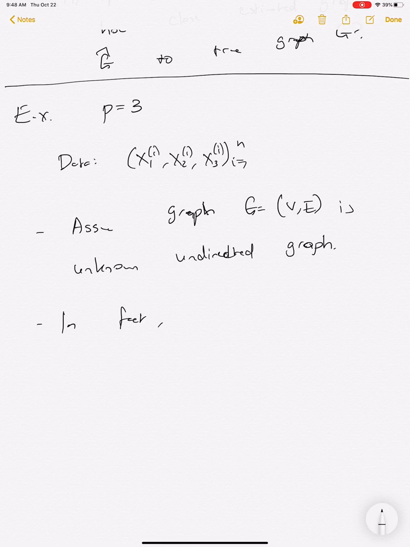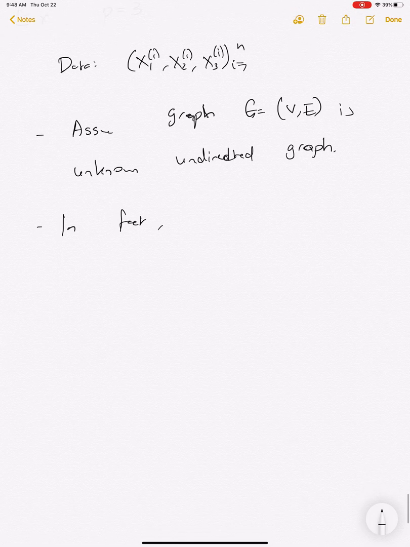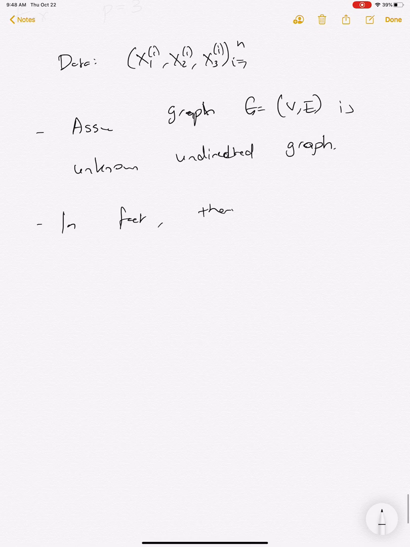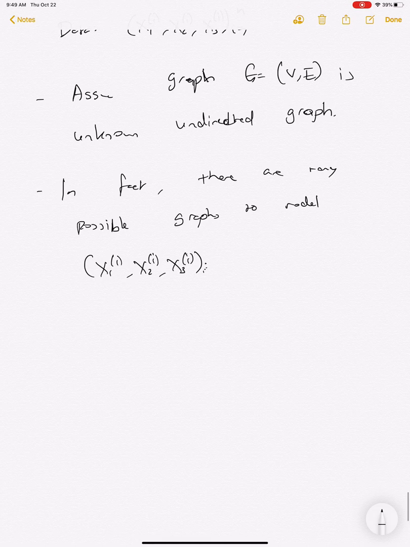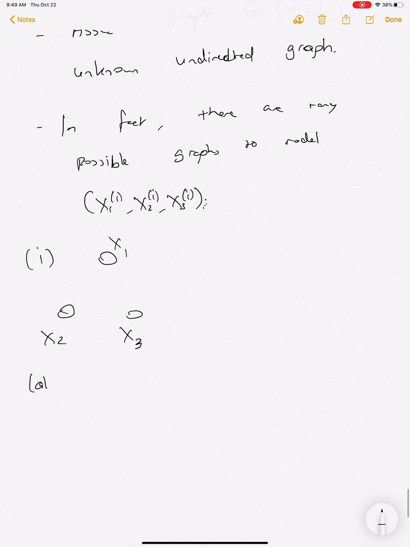In fact, there are many possible models, many possible graphs to model x1i, x2i, x3i. For example, one would just be that they're all independent.